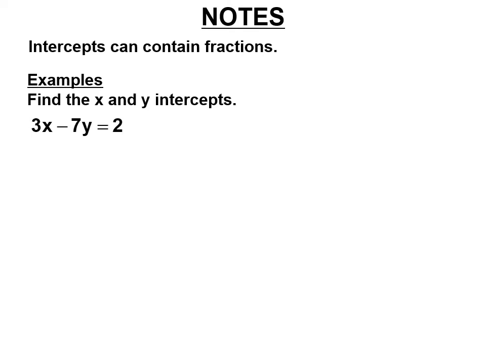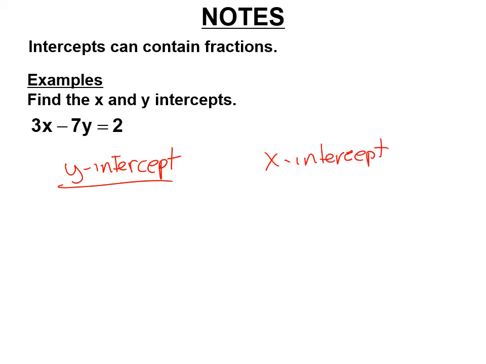Okay, so let's just do that again with one that has fractions in it, just to see that. Got to spell intercept correctly. So for the y-intercept, you make the x equal to 0.